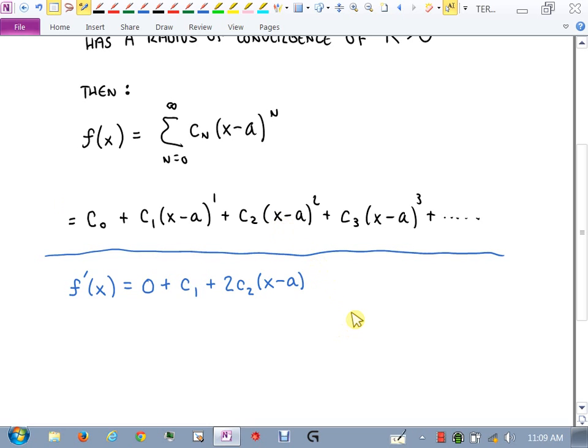Then the next one would be what? 3 comes down, c3 this time, right? x minus a squared, times the derivative of what's inside, which is 1. And then I keep doing this, right? I'll just write down what the next one would be. It'd be 4, c4, x minus a to the third.